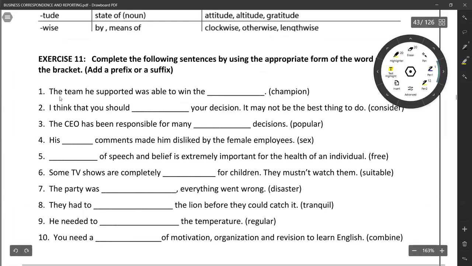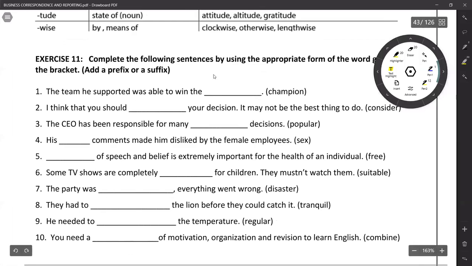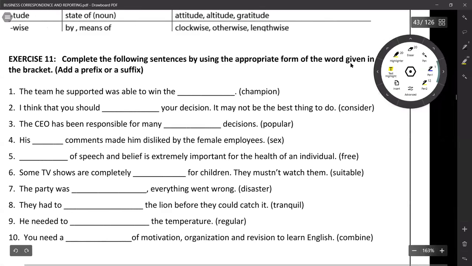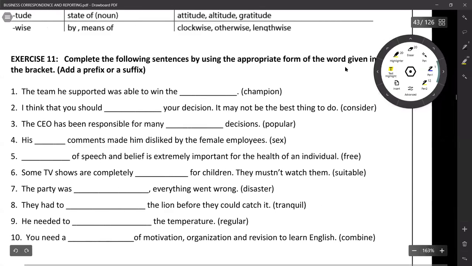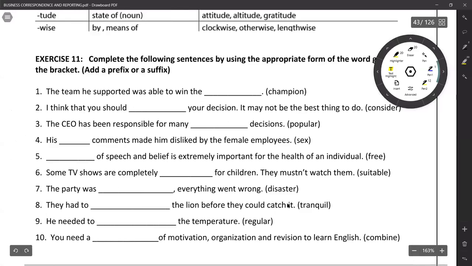Okay, right. Now come on, guys. Complete the following sentences by using the appropriate form of the word given in the bracket. Now for this, I will give you some time to go through it once and make up your answers. I will explain what this means to you. Now you have to select the appropriate form of the word. For example, the team he supported was able to win the champion.